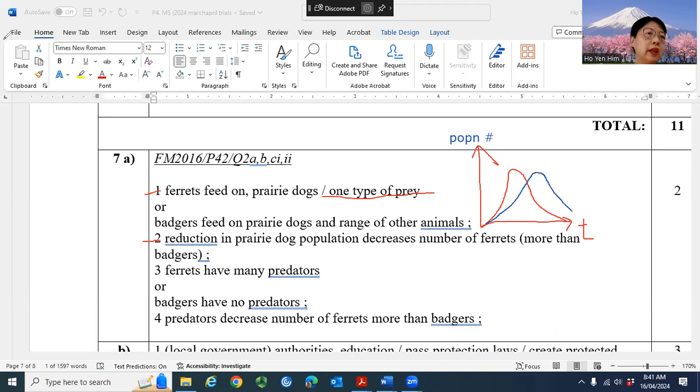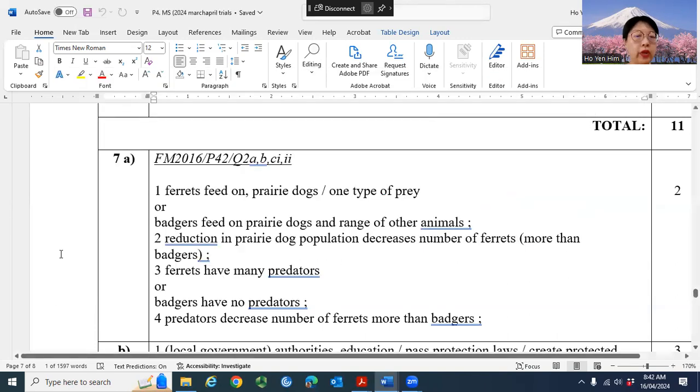What I want you to see here is this is the predator and this is the prey. There's a fluctuation in the population size between predator and prey that are interrelated with each other, because the predator depends on prey for food. When the prey number is high, the predator number will be high. When the prey number drops, the predator number also will drop. So that is about this question. Okay, next question.